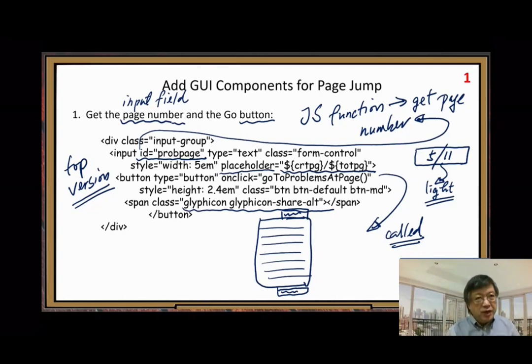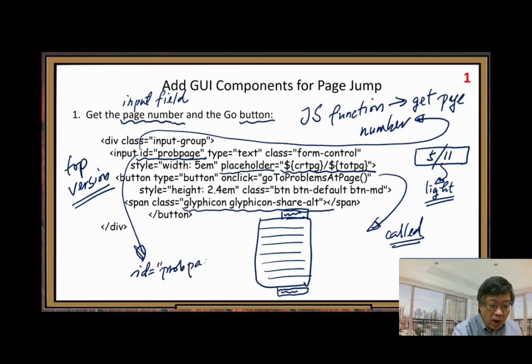Basically, these two versions are very close. Pretty much the same. Only one difference. The difference is the ID is different. The bottom version, that ID, I just use a slightly different version, prob page 2. Slightly different ID. So we can separate these two different input elements.